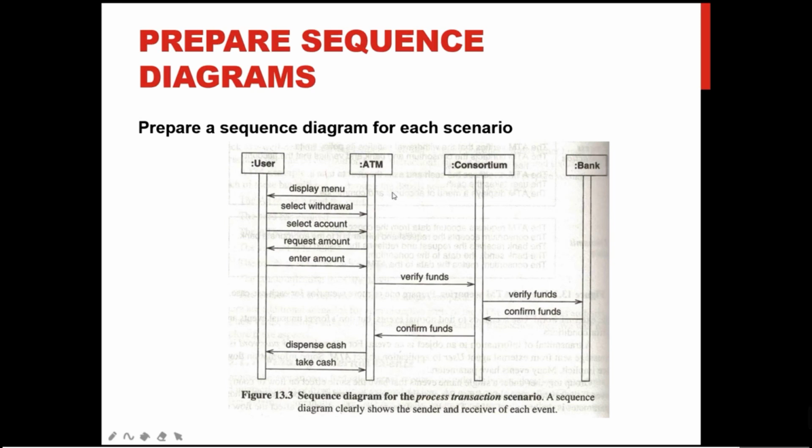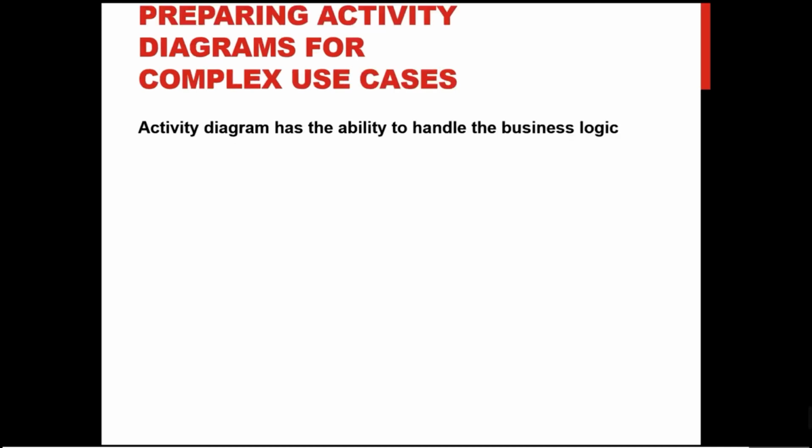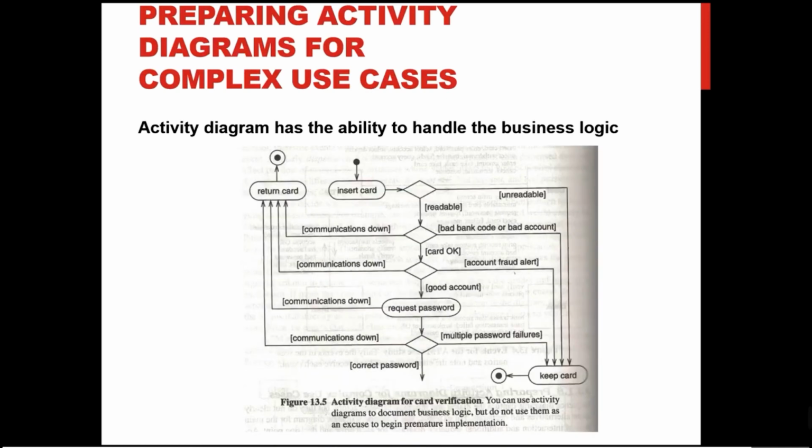And it means that after we have built multiple sequence diagrams for each use case, we can understand each use case better because we know the sequence of interactions. And we can also build an activity diagram to handle the business logic.